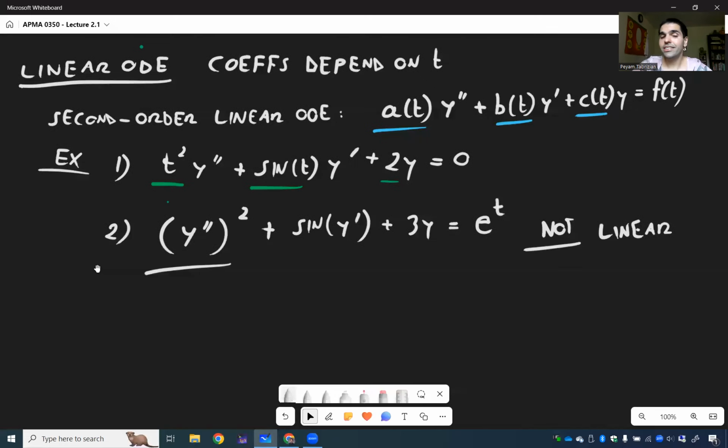Last but not least, an example that confuses a lot of students. If you take y double prime minus 5y prime plus 6y equals 0, this is still linear.